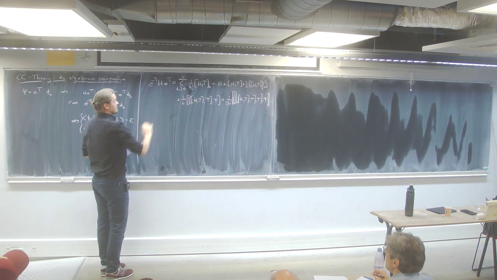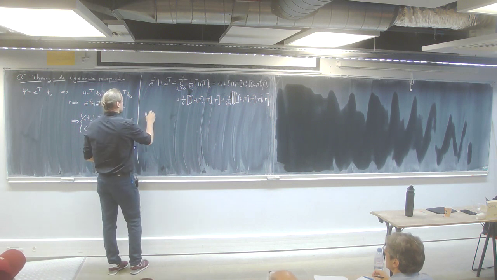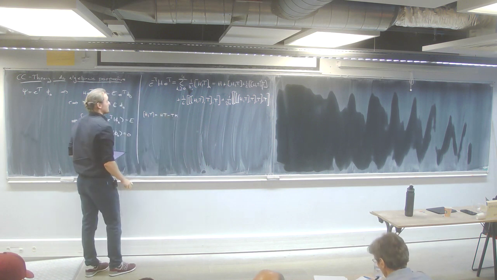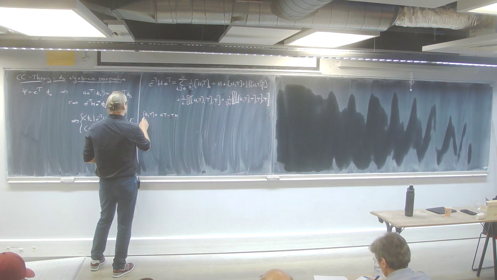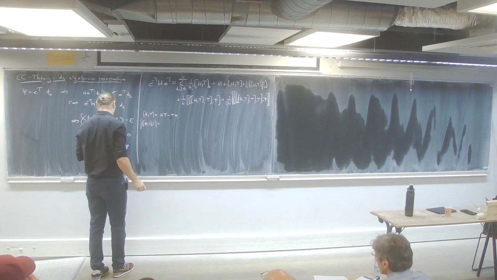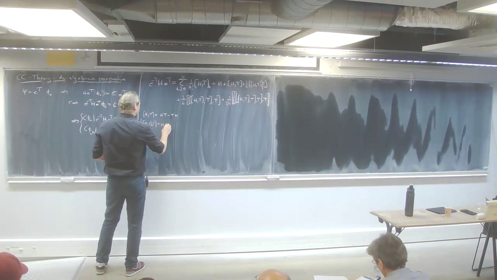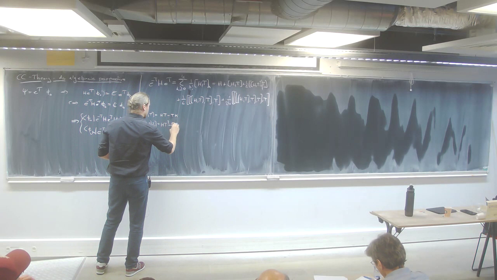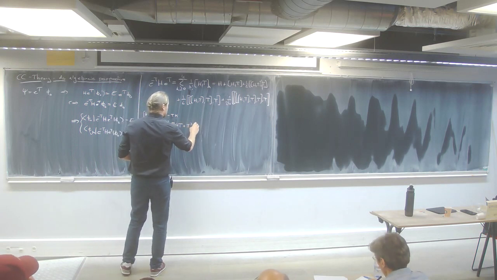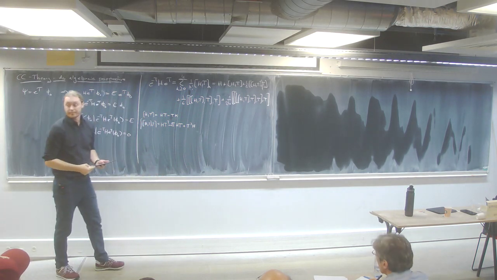So let's look at the individual terms. The commutator you all know. The double commutator is already a bit funny. If you work this out, you find HT squared minus 2 THT plus T squared H, so it's quadratic.